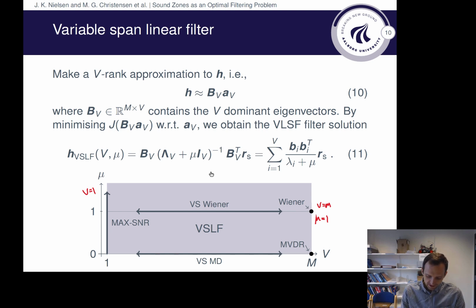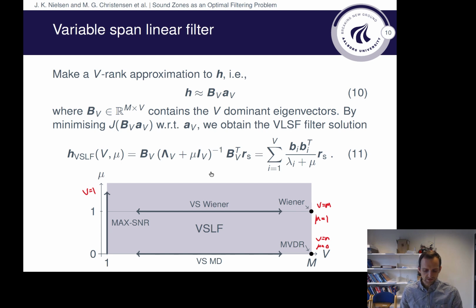We can also get the MVDR filter out here, that is again for V equal to M and mu equal to 0, and so on. So the entire shaded area you see here is the space we can cover with this variable span linear filter. And we have a number of the well-known optimal filtering methods as special cases.